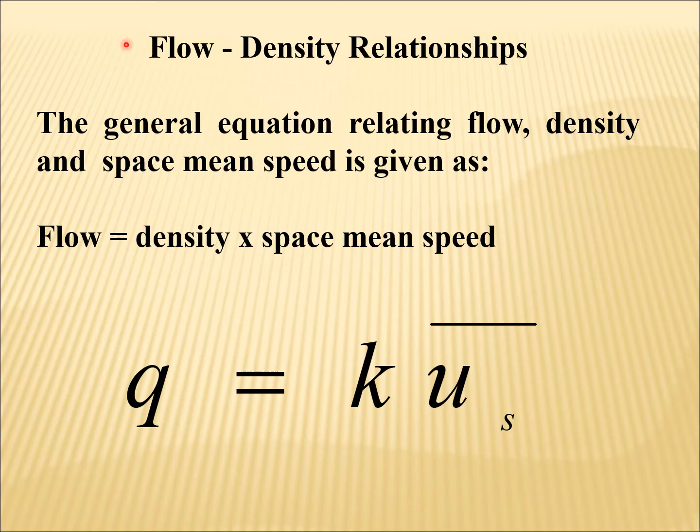Flow density relationships. The general equation relating flow, density and space mean speed is given as flow is equal to density times space mean speed. This is a very useful relationship: flow is equal to density multiplied by space mean speed, or you can say Q is equal to K multiplied by U sub S bar.